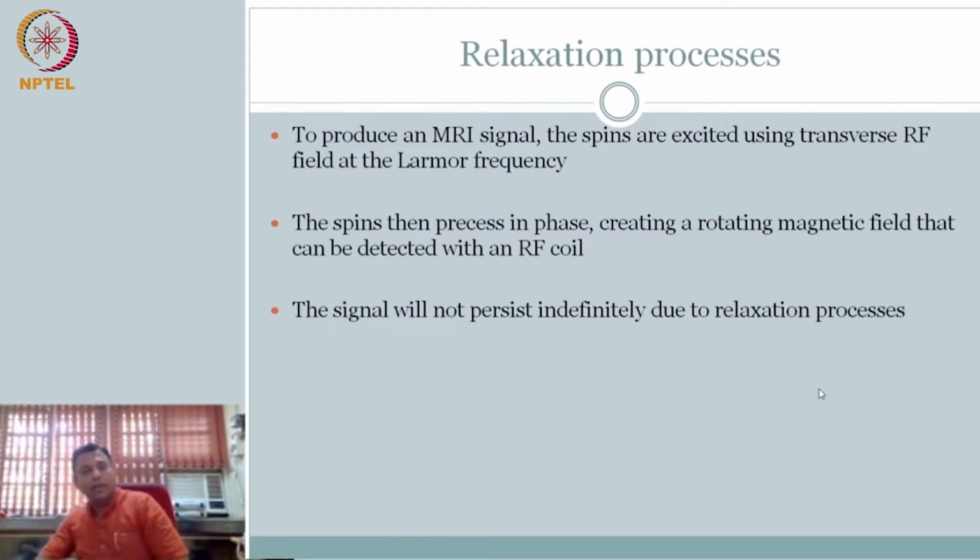It will relax, and what will happen? Everything will dephase in the XY plane. All the vectors will be in different directions, and eventually they will try to align themselves to having only a Z component in the static field, right? That is what the relaxation process will be.